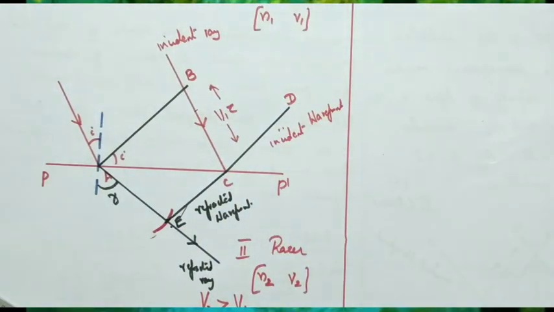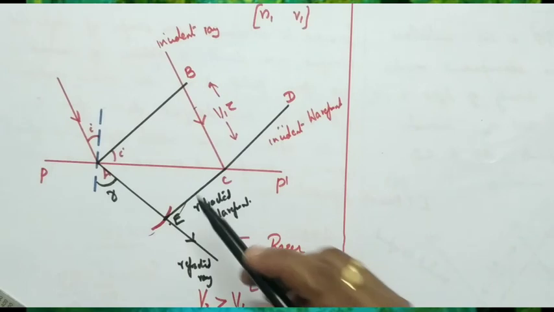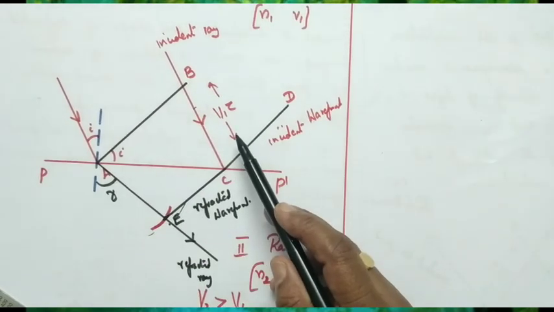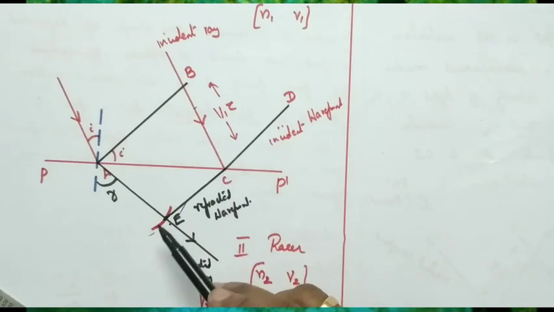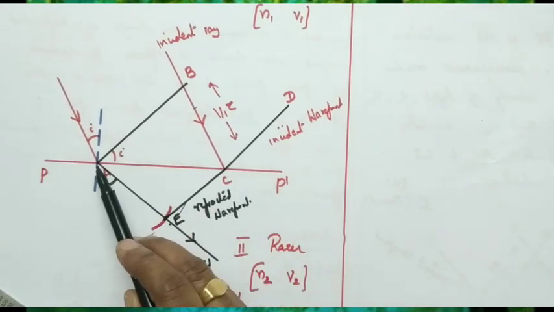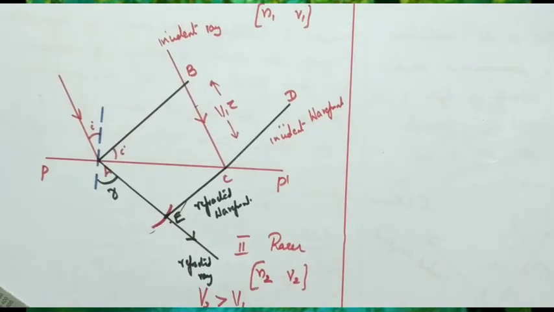So the distance between two refracted wavefronts will be v2 tau, which is greater, isn't it? Now draw a sphere from the point A onto the second medium with radius v2 tau. Then draw a tangent from C onto the sphere, that is called a refracted wavefront. Now draw a perpendicular from A to the refracted wavefront, which is a refracted ray.